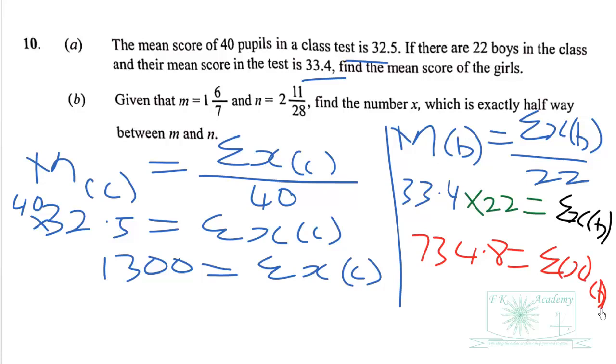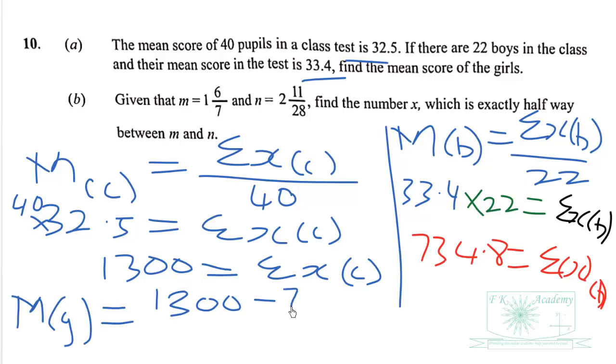Now we are asked to calculate the mean score of the girls. So the mean score of the girls will be equal to the total score of the girls, which will be the total score of the whole class, 1,300, minus the total score of the boys, 734.8, all over 40 minus 22, which is 18.